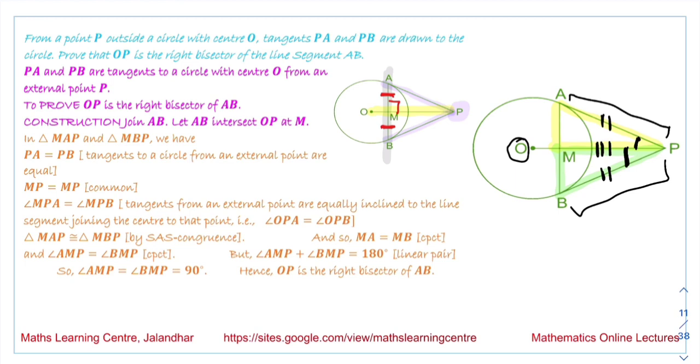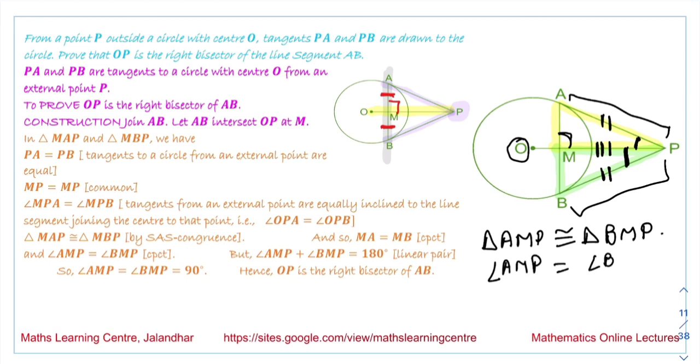So by the SAS congruence criterion, the triangle AMP is congruent to the triangle BMP. Both these triangles are congruent to each other. So we get that angle AMP is equal to angle BMP.